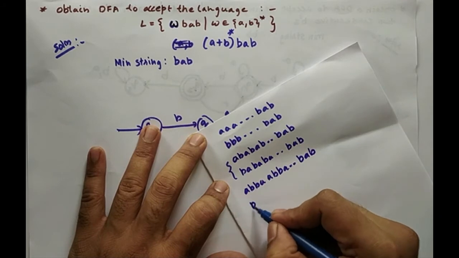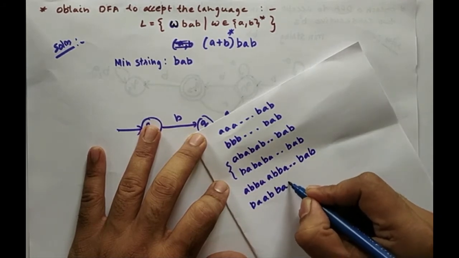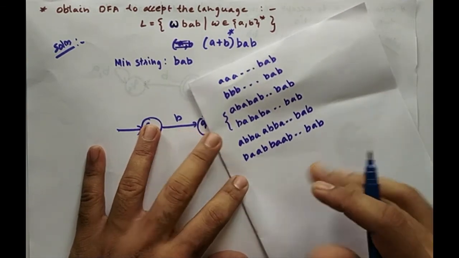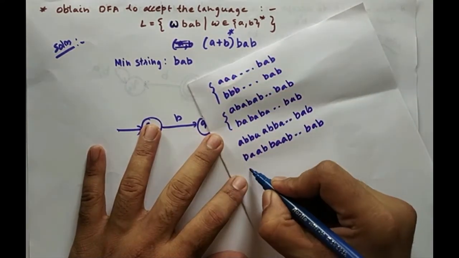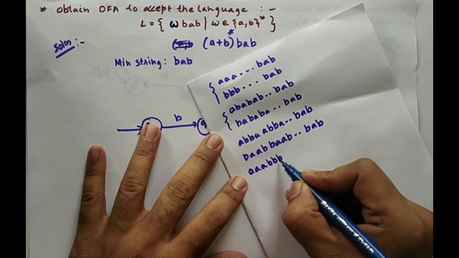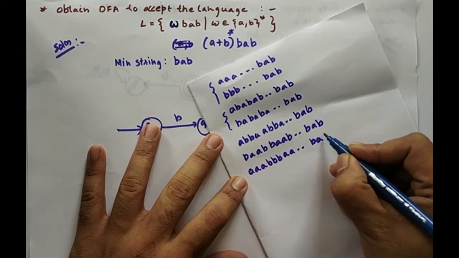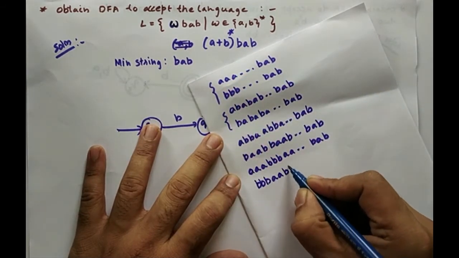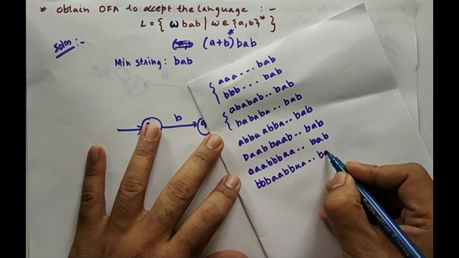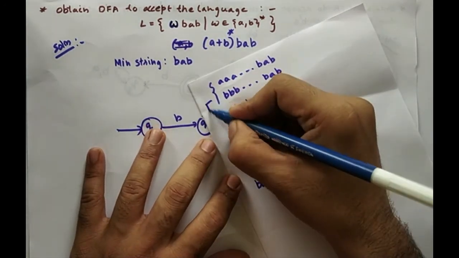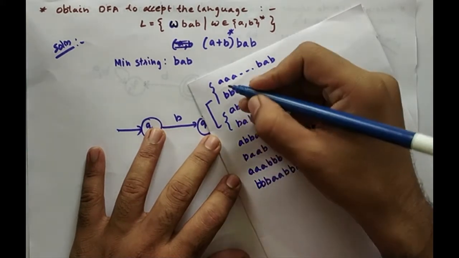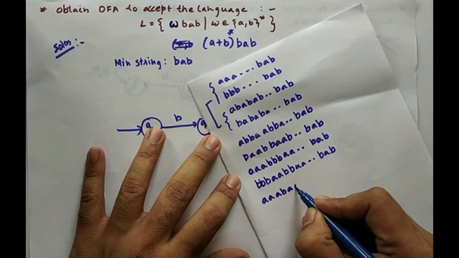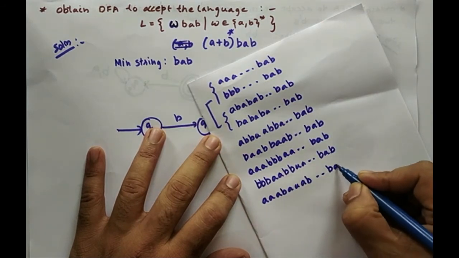Now take the reverse, BA, AB, BA, AB and so on ending with BAB. Okay, then you take this combination, some A's, some B's, some A's and so on ending with BAB. Then take the reverse combination, some B's, some A's, some B's, some A's ending with BAB. And then you take the combination of this, that is first take A's and AB's, some A's then AB, A's then AB ending with BAB.